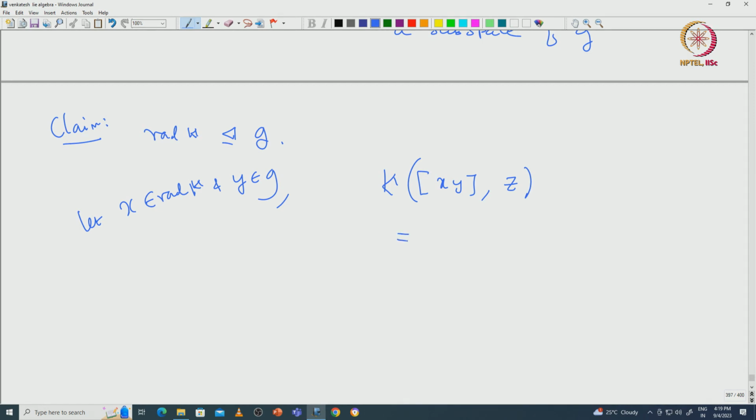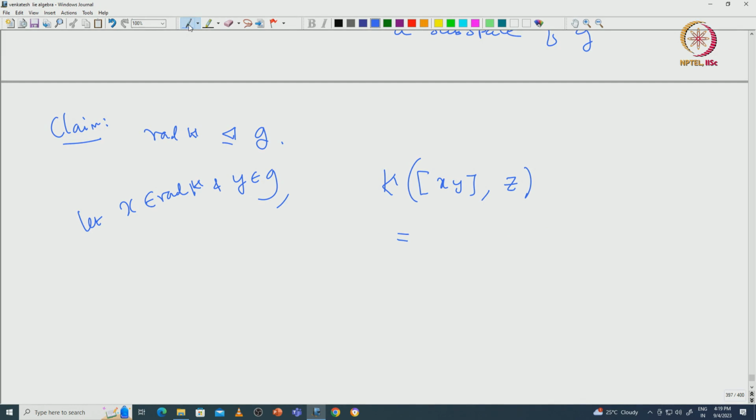Now, using the associativity of kappa, you can see that the kappa of bracket x y comma z is the same as... maybe we do not need to switch, we will just keep it as it is.